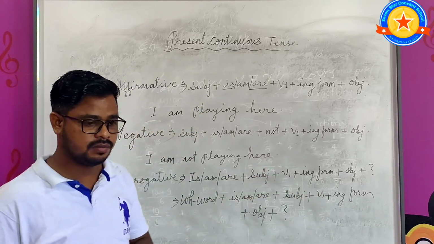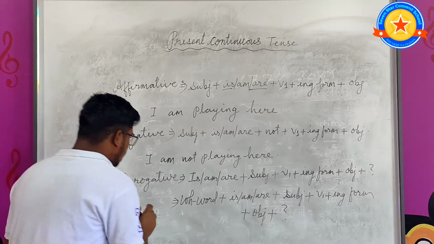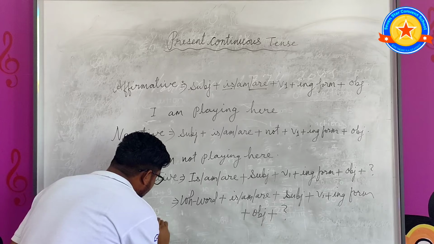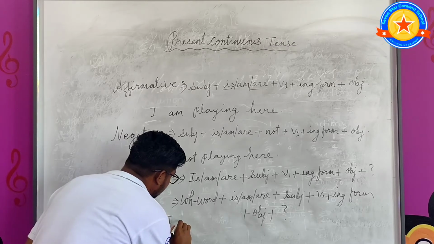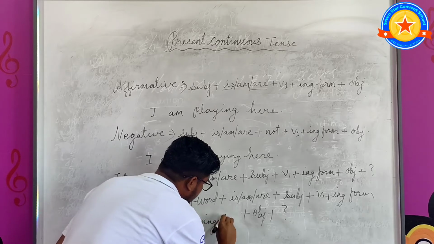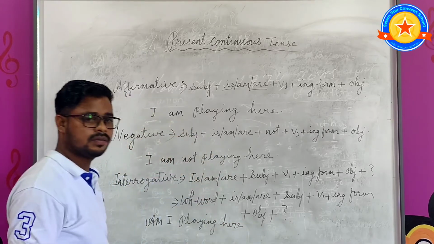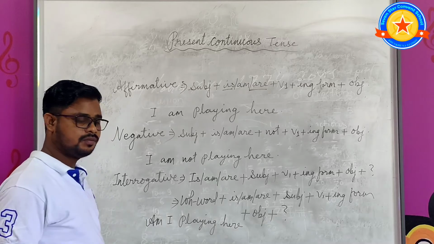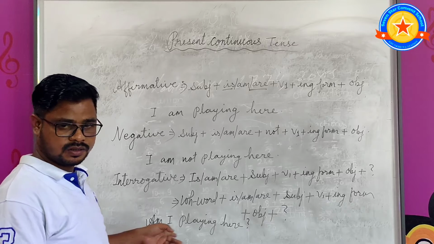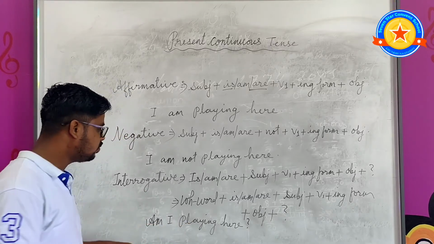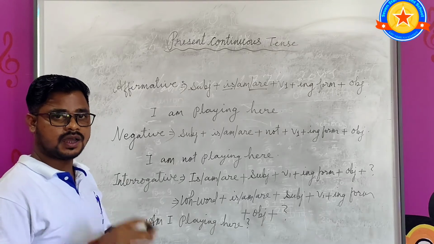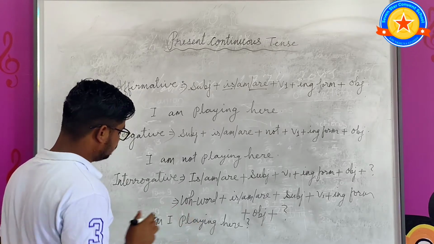Let me give you one example. Am I playing here? At the end of the interrogative sentence you have to put a question mark. So this is a yes or no type interrogative sentence. Now I will tell you the WH word type interrogative sentence.